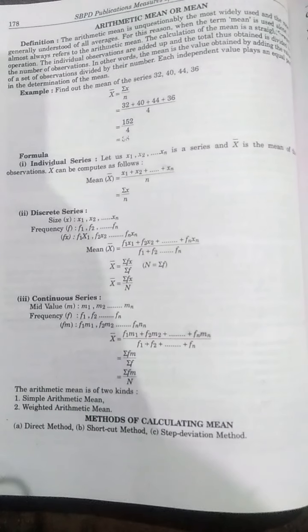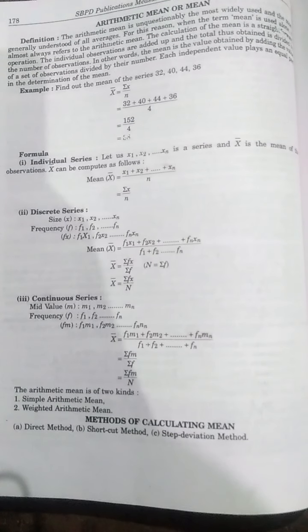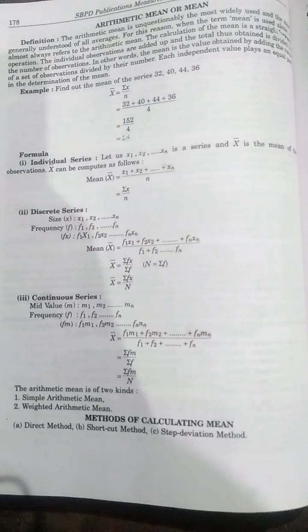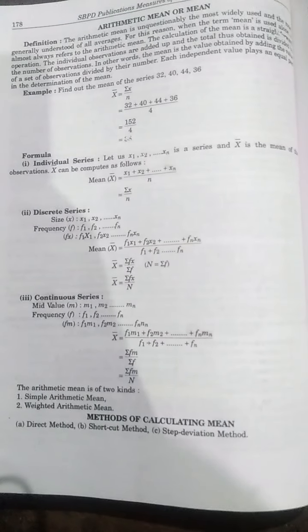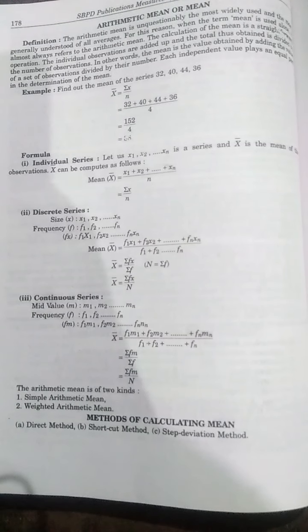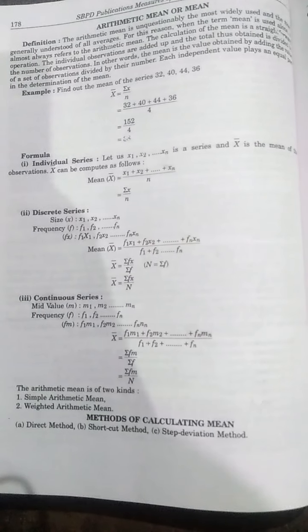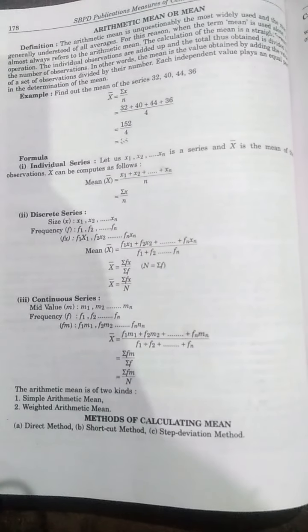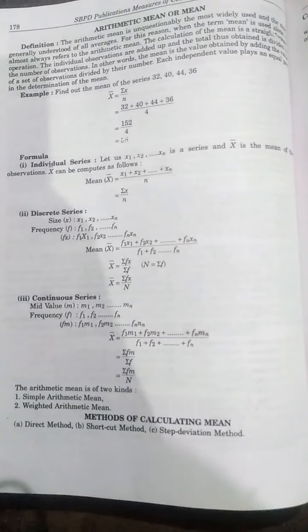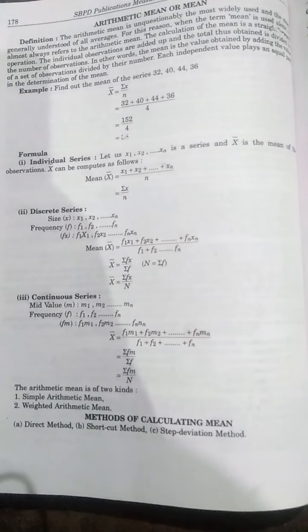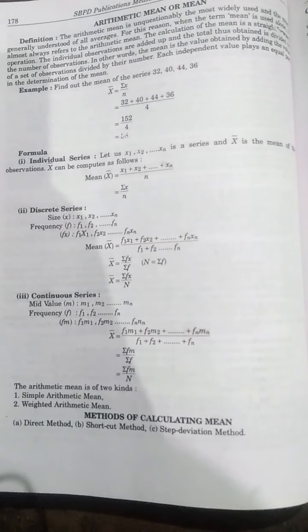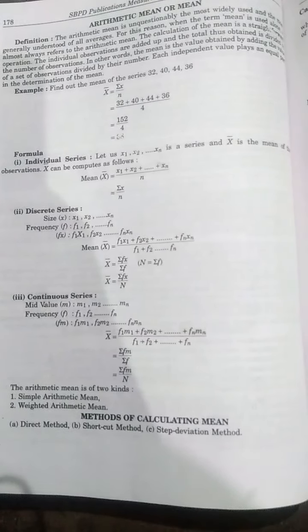Mean is calculated by summation of fx. Each unit small x is multiplied by its frequency and all are summed up, and then divided by summation of frequency.